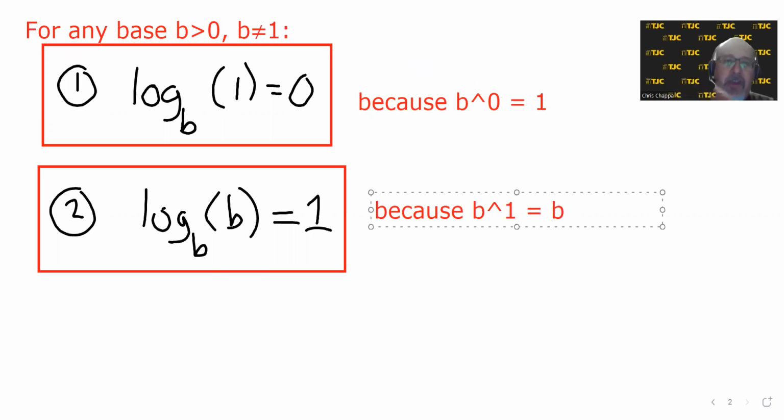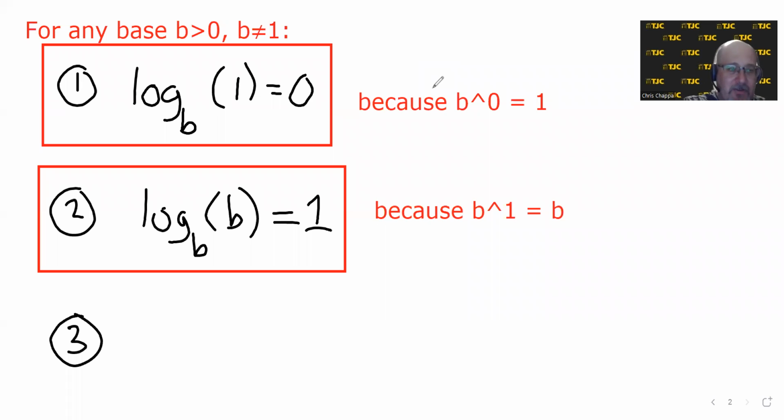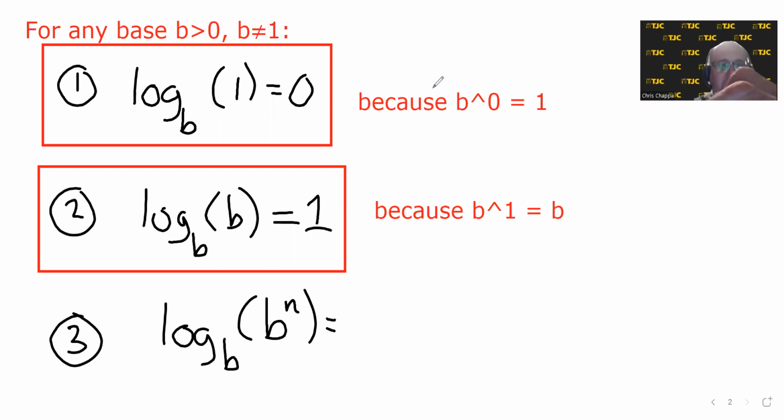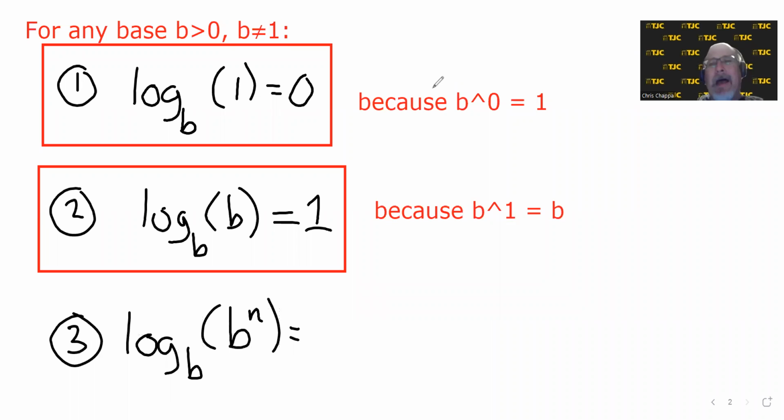But there was a third one that we had. The third one that we had looks something like this. If you have a logarithm base b, but your argument was b to some power, and I believe we said b to the nth power. The question this one is asking is what power would turn b into b to the nth power?